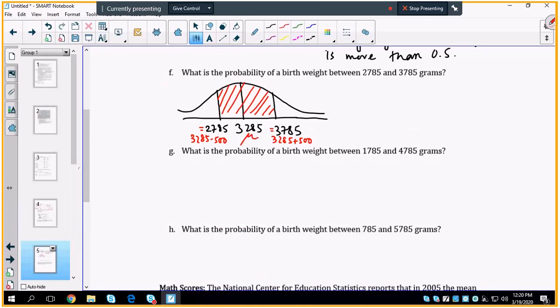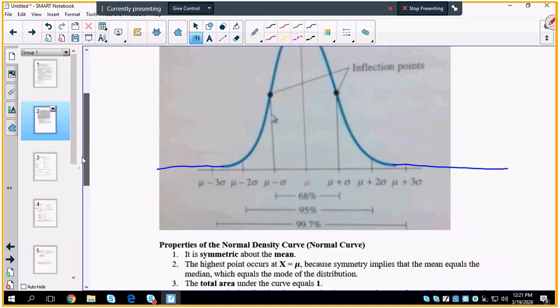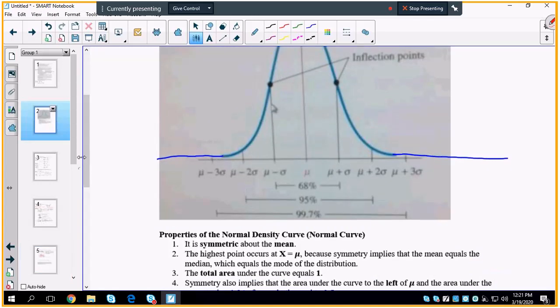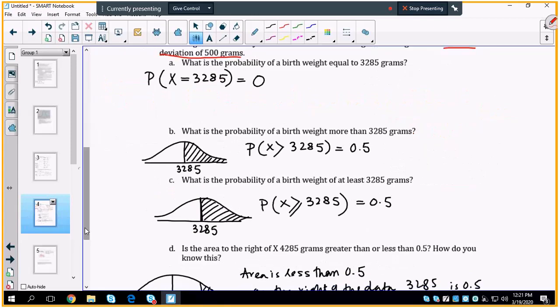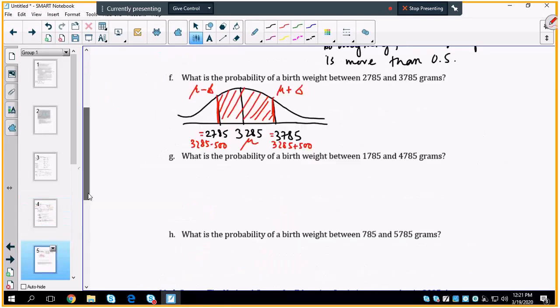This marking here is actually mu minus sigma, and this marking here is mu plus sigma. And remember, the empirical rule has told me that between mu minus sigma and mu plus sigma, I have 68% of the data. But I am interested in the probability, so I will go ahead and write it in notation first.